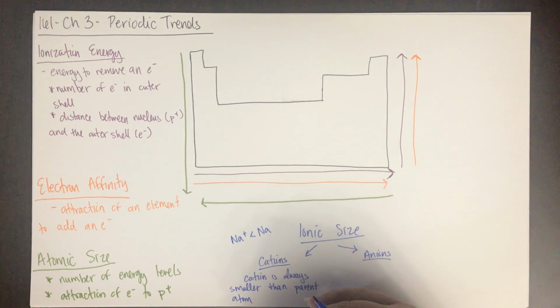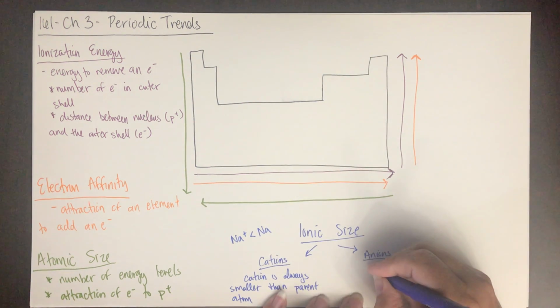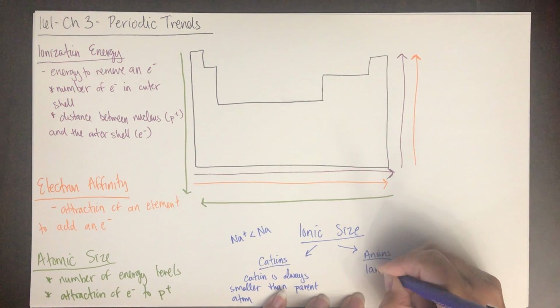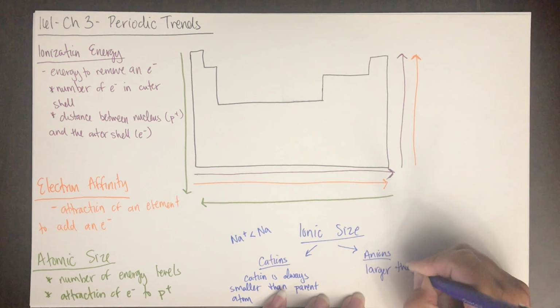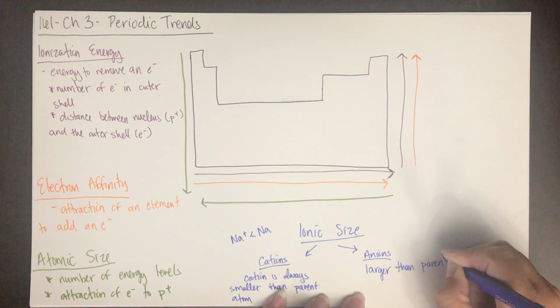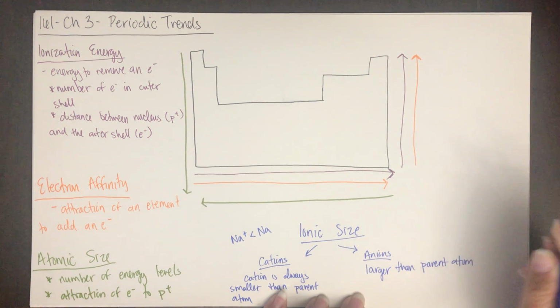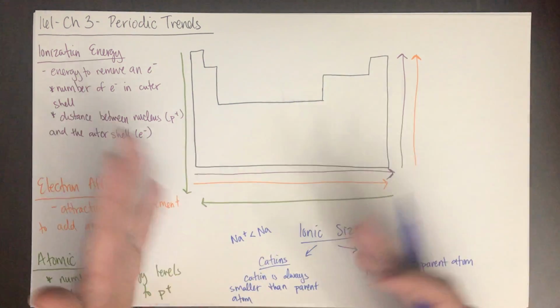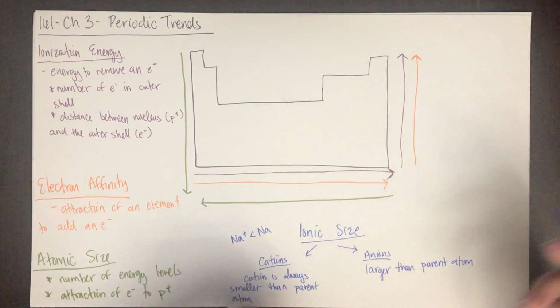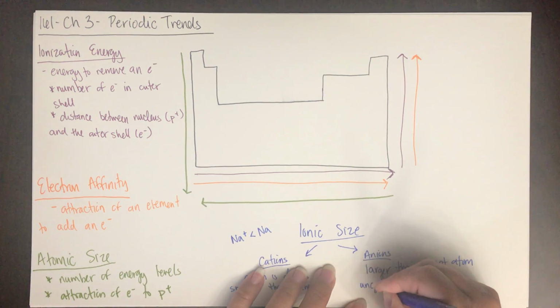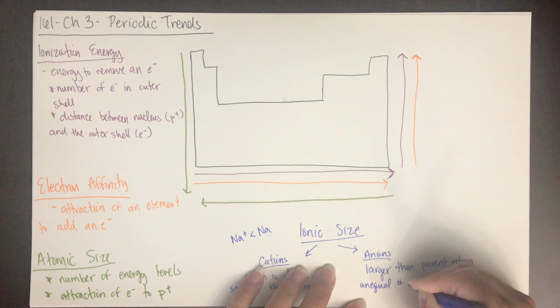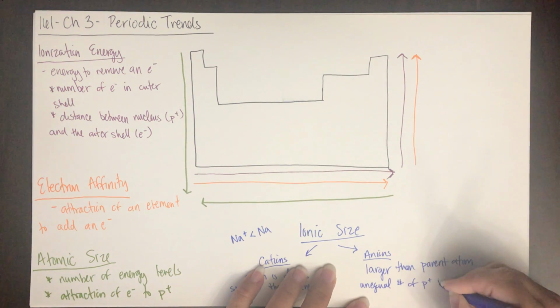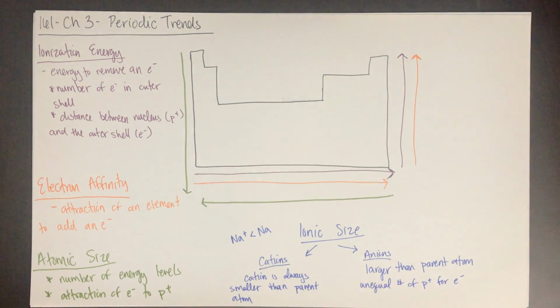For an anion, anions are much larger than the parent atom. Because now we have an unequal number of protons for electrons, because we've added one more negative charge.